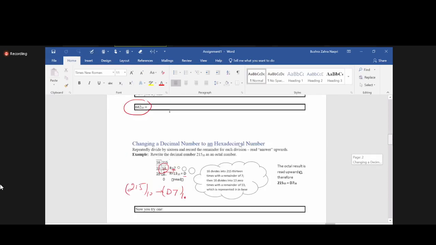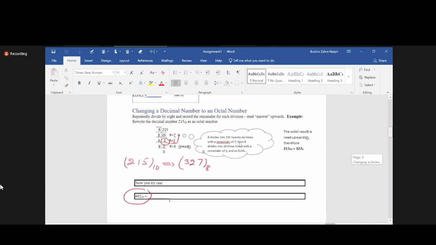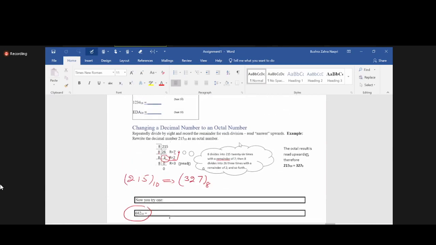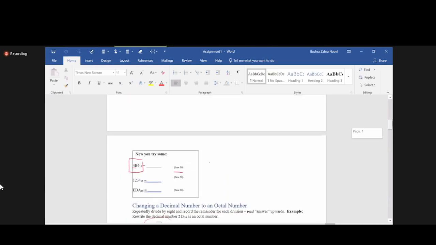And if I ask you to convert a decimal number into its binary equivalent, you follow the method of division using base 2, or for octal using base 8, or for hexadecimal base 16. But everything should be done in a Word document.